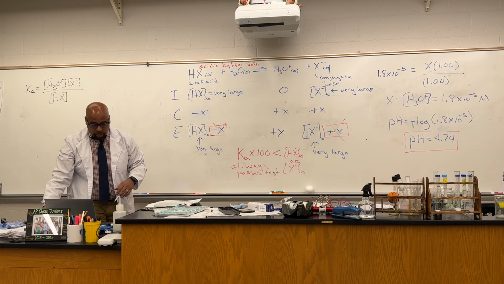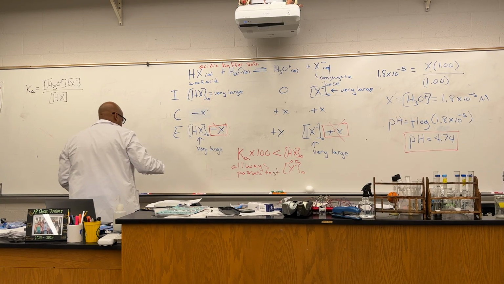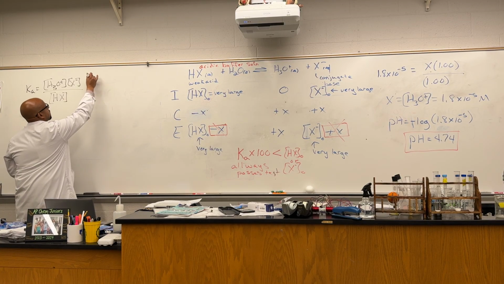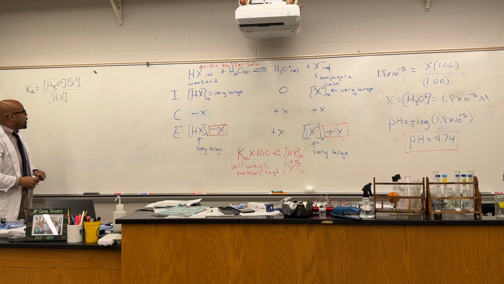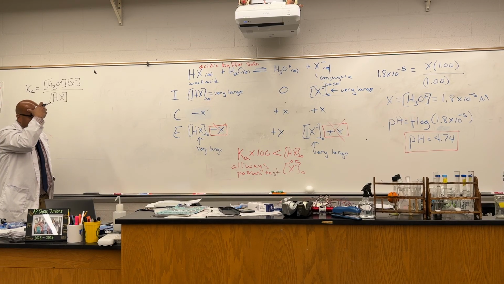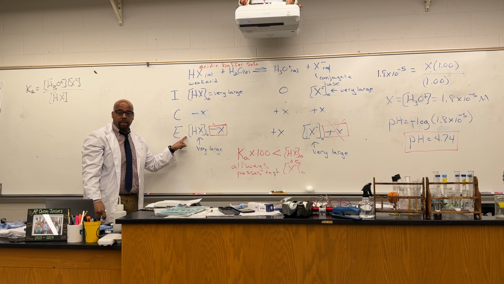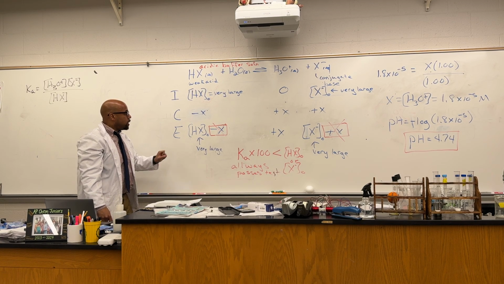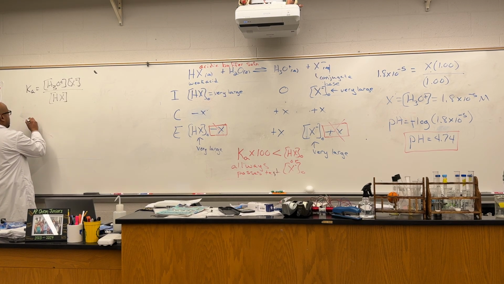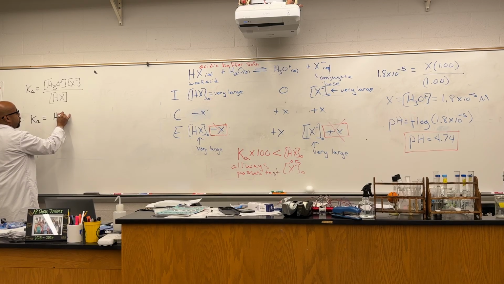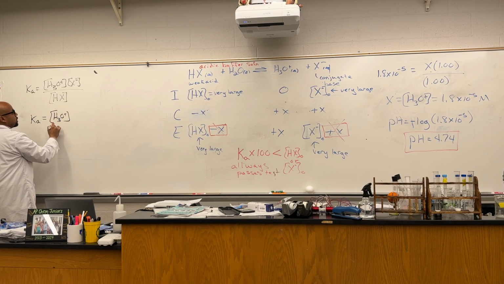All right, so watch what's going to happen. I'm going to change up Expo markers. That one's kind of dying on me. Let's see if this one works a little bit better. Ah, that's perfect. What Henderson-Hasselbalch said, he's like, wait a second. Let me substitute in what I have right here into the expression. So I'm going to go in and say Ka is really just equal to, let's see, H3O plus concentration.